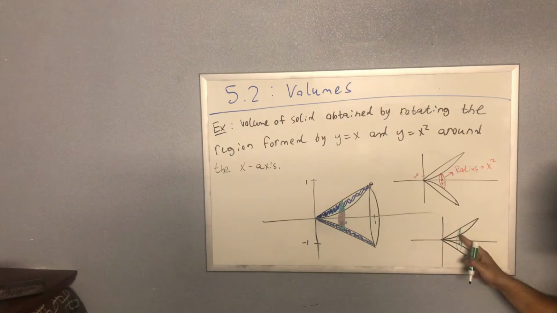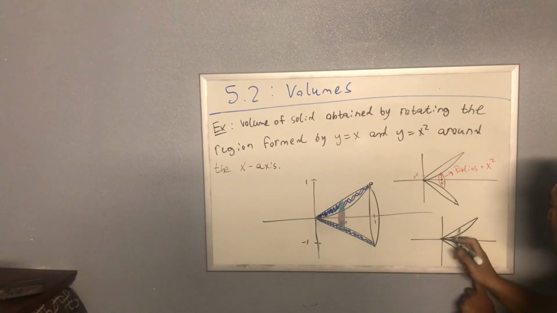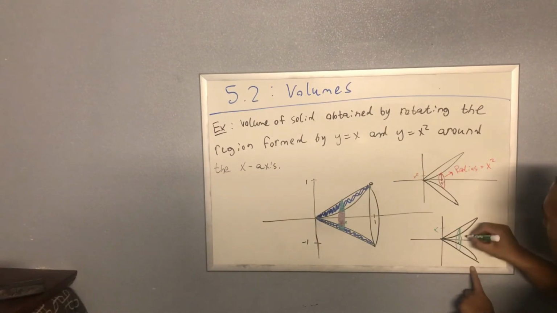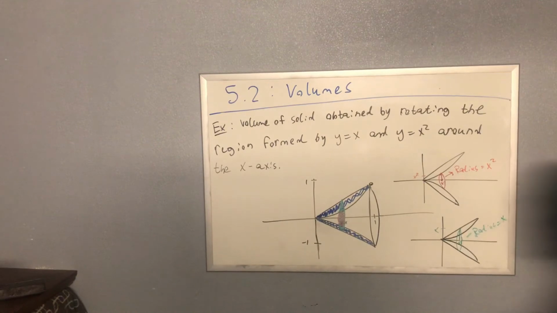Now instead of going to the parabola, I go to the higher curve, which is x. So this is just going to be x. On the line, whatever you input, the output is the same. So the radius here is just x at an arbitrary point.